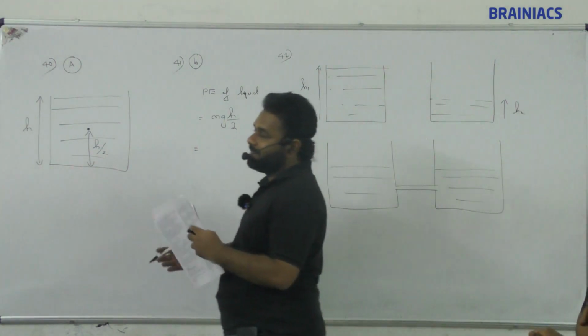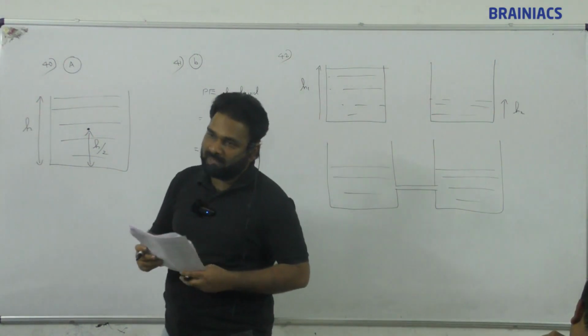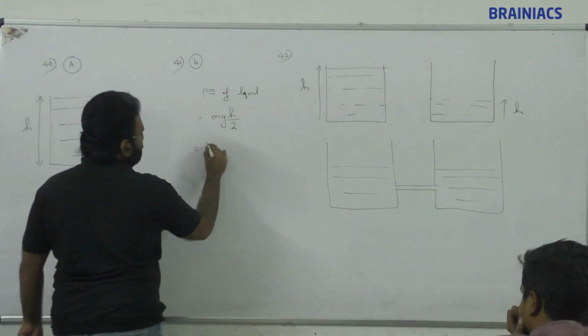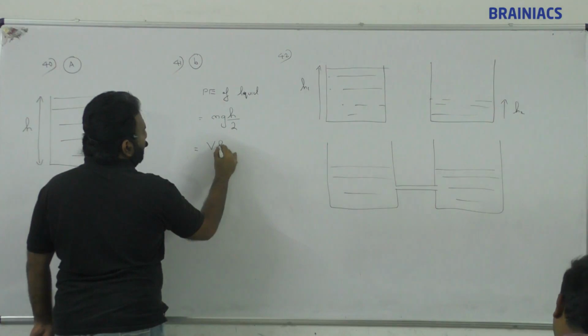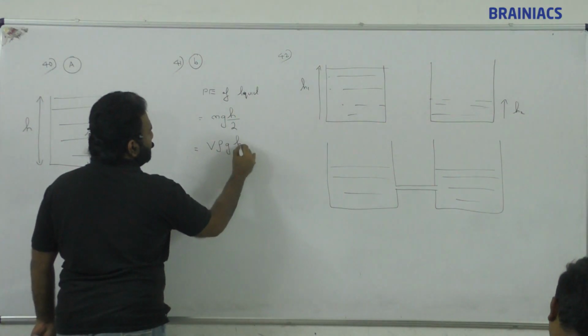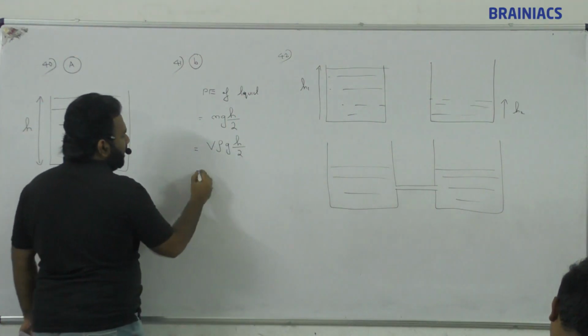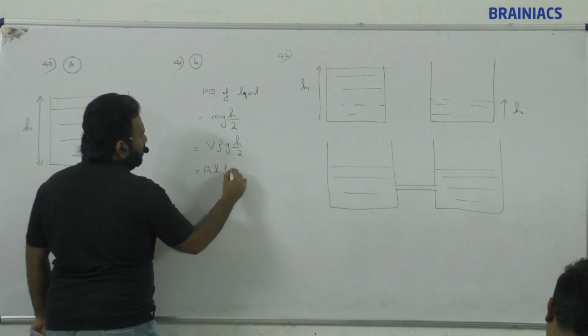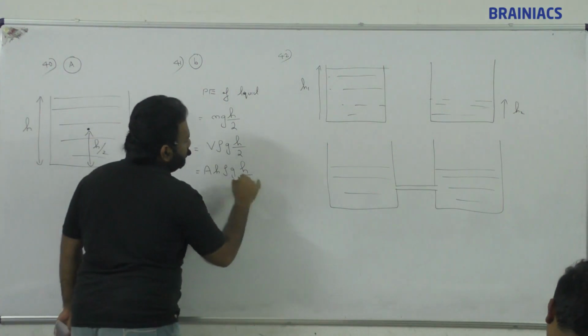A, density, H, everything is there. So in that case this is going to be volume into density into g into H by 2. Another way is A H rho g H by 2. Likewise it will come.